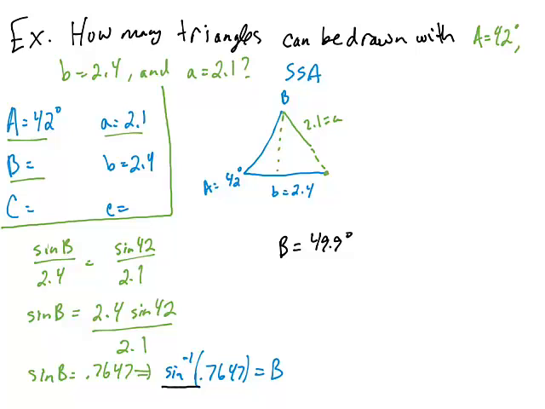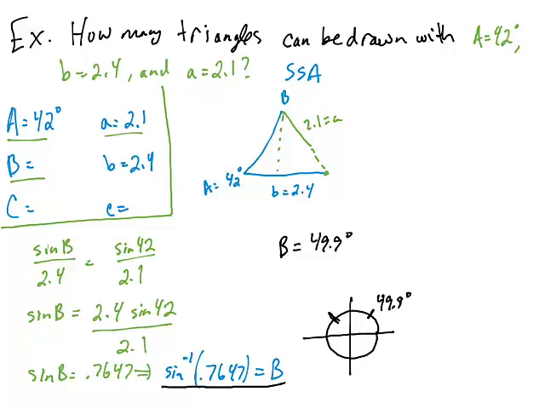Alright, but we need to really think about what this means. What this is saying is, what angle has a sine value that is 0.7647? Now if we look on the unit circle, where is sine positive? Sine is positive in the first quadrant. It's also positive in the second quadrant. And this 49.9 degrees corresponds to what's in the first quadrant. Now, we need to consider what is happening in the second quadrant.